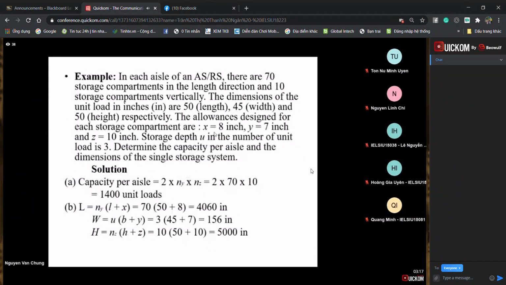And then you insert the values inside. So like that, you have to understand, and then you use the parameters of the given data, inserting them into the formulas that you have. So like that, this is easy.